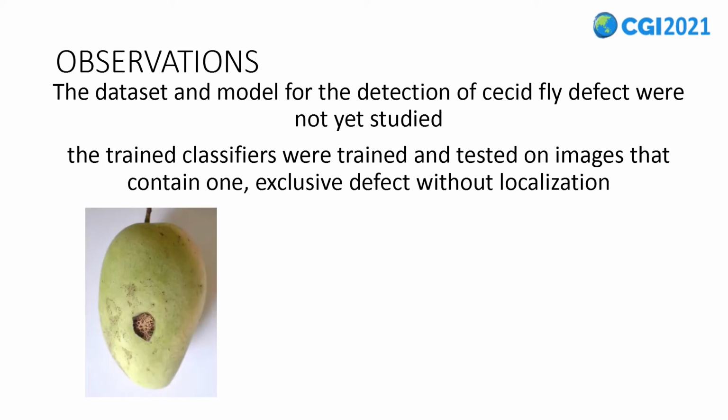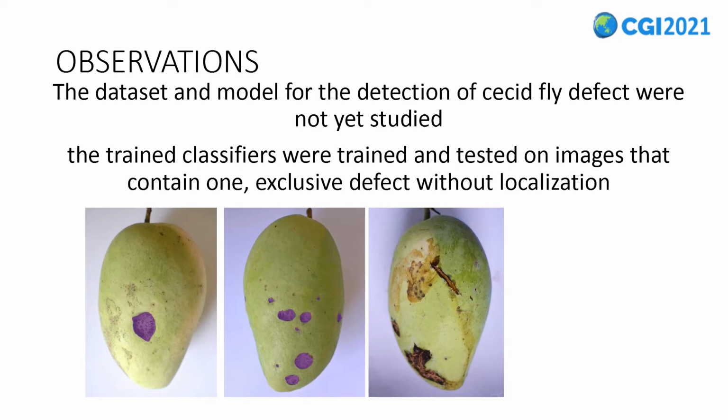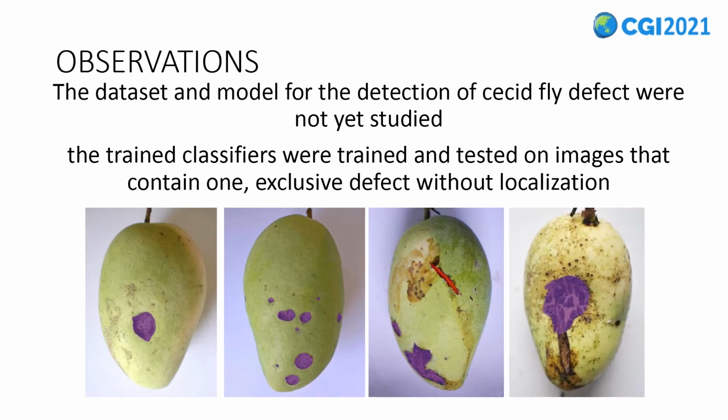Based on the ocular analysis of the images gathered, the defects in mangoes may contain one or more surface blemishes, and some belong to multiple types of connected defects. In line with this, our study aims to detect Cecid fly defects using images with multiple blemishes with the use of object detection frameworks.